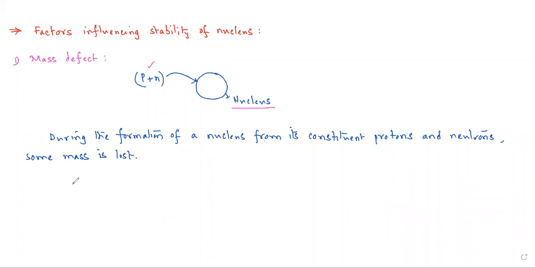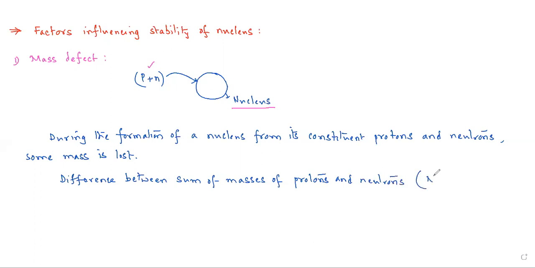Mass defect can be given as the difference between the sum of masses of protons and neutrons, or you can say nucleons, and the actual mass of the nucleus.